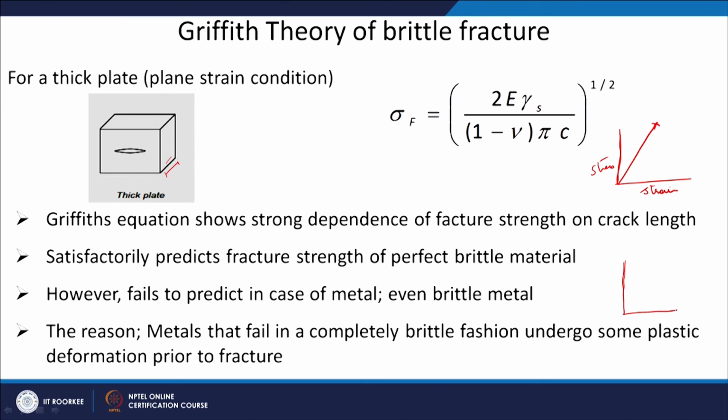Whereas in any metal, though it may be a brittle metal, the stress strain curve will be something like this: a small elastic part, then a plastic part. Some plastic deformation will always take place locally and then it will fracture. This plastic deformation modifies the whole analysis, and that is why it is not able to predict very well in the case of brittle metals.